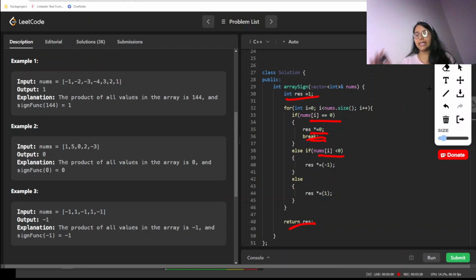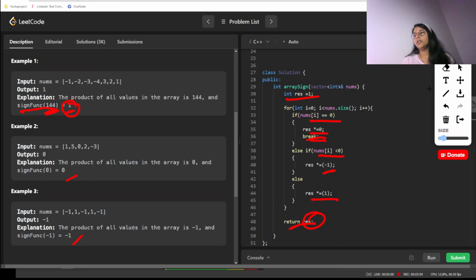Else if nums of i is less than 0, then we multiply the result with minus 1. Else we multiply the result with 1, because it is a positive number. That is what we are required to do here. And at the end, we return this result as the answer, because the sign function takes this product and returns 1, minus 1, or 0.